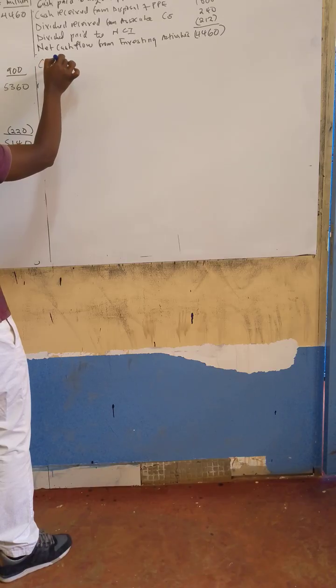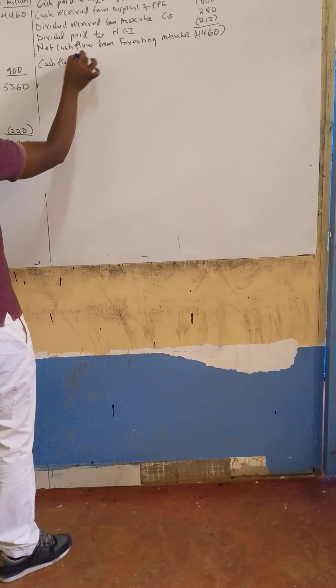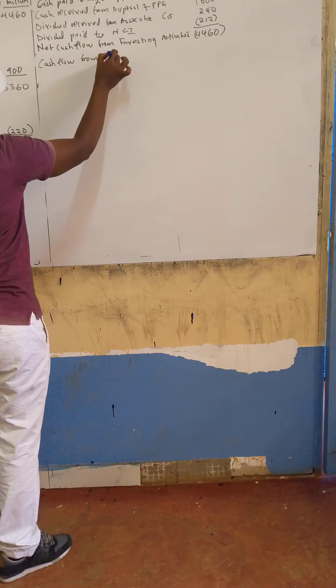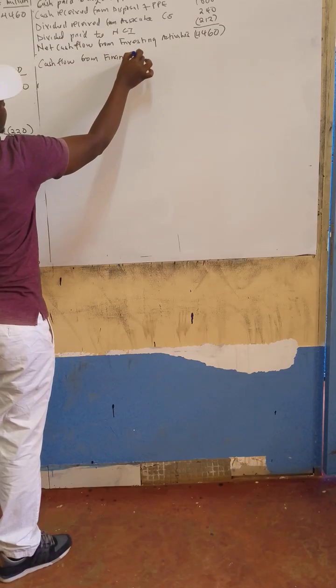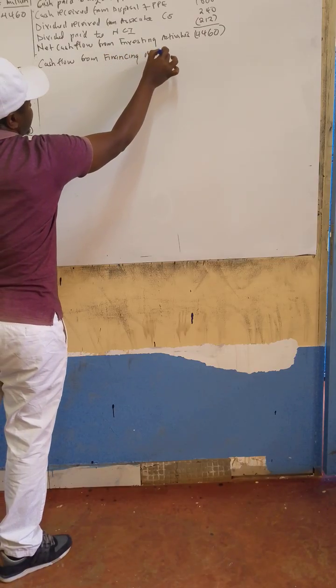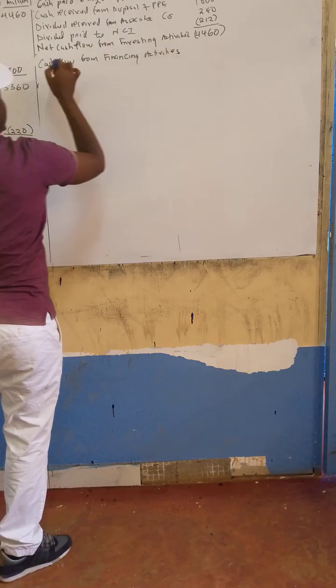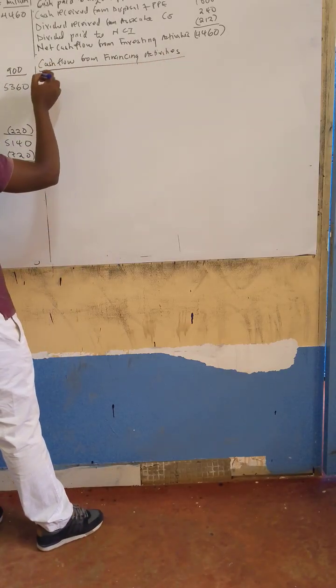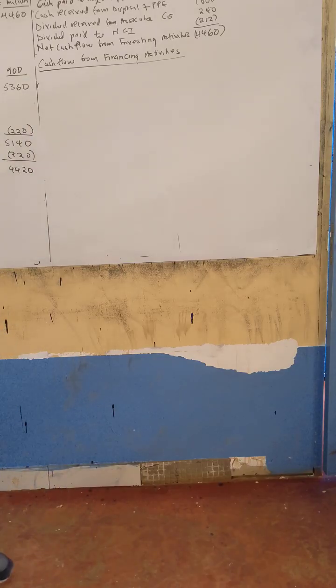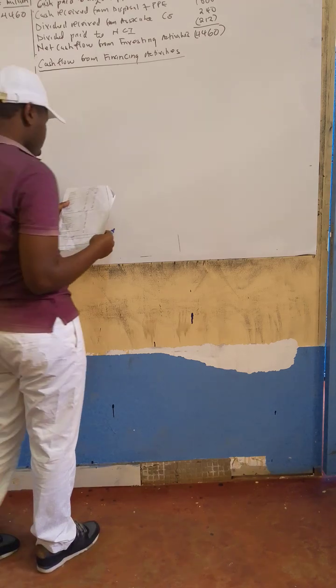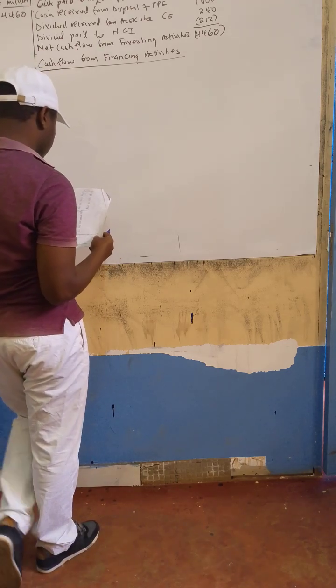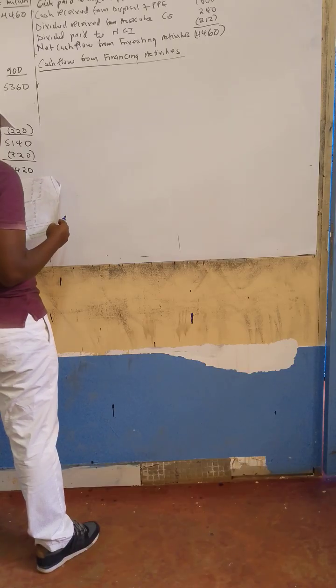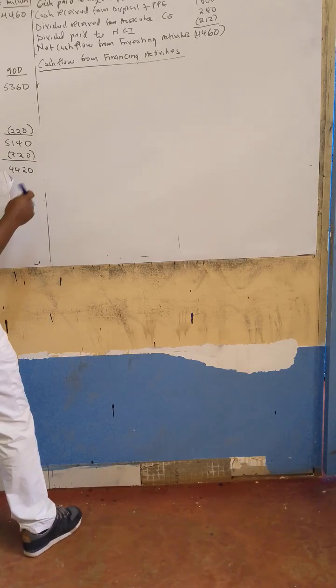Let's finalize the cash flow from financing activities. Of course, here we look at shares. There were no other shares that were acquired, but there was a loan which they acquired from the bank.